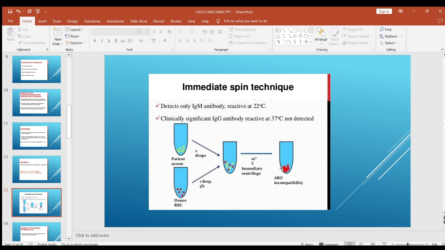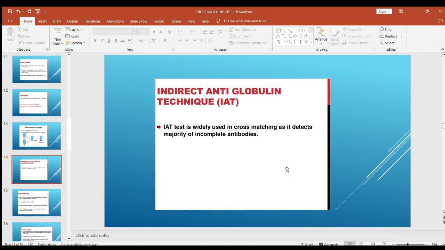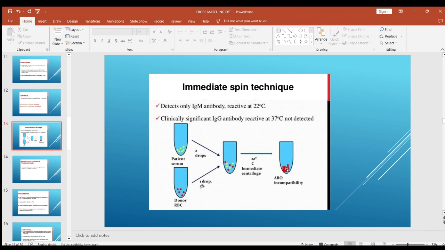If there is agglutination, that indicates incompatibility. Here agglutination is formed, so it is incompatible, and we should not transfuse the blood from the donor to the patient. That's all about the spin technique.